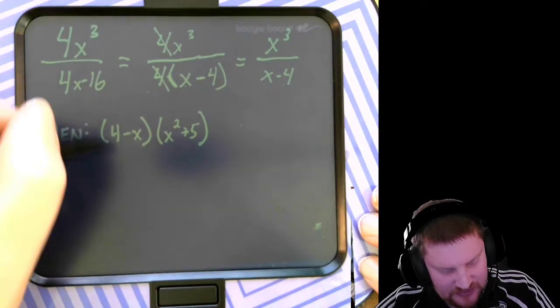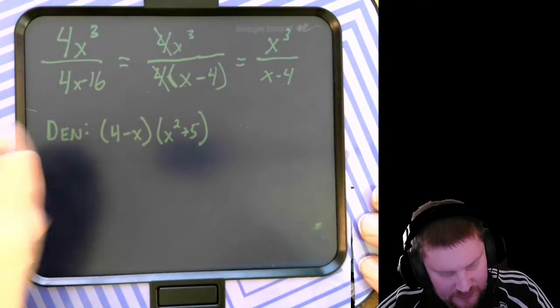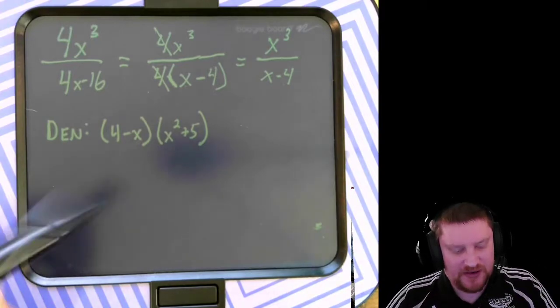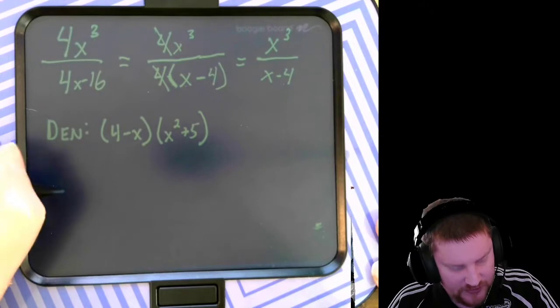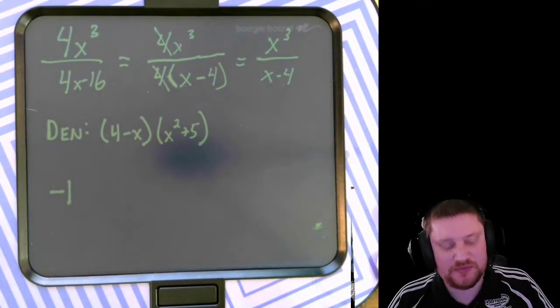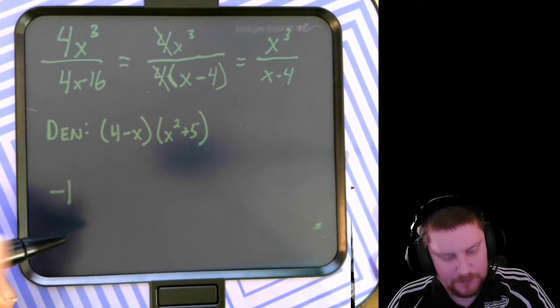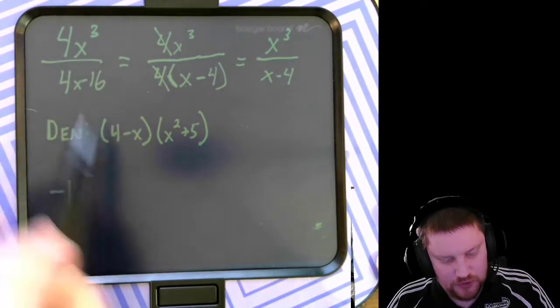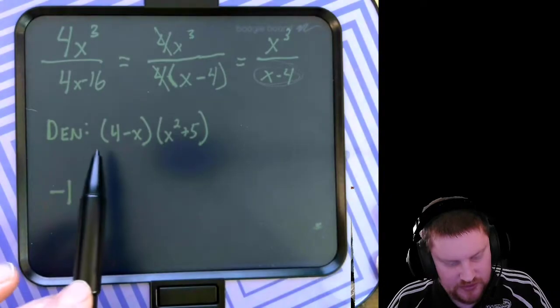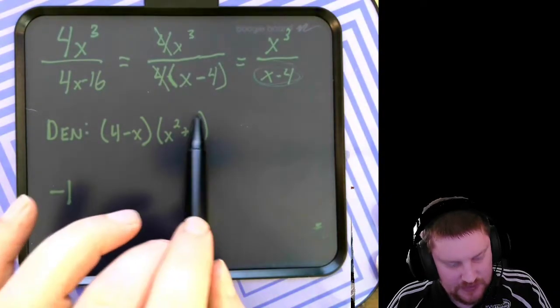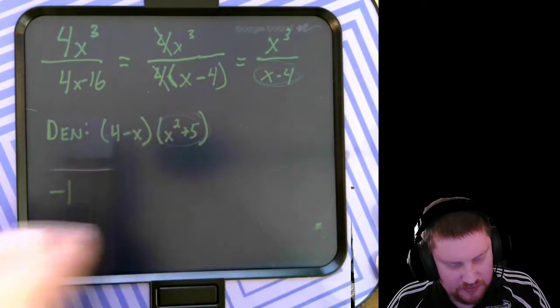So if I multiply either one of those by negative 1, I'm going to get what I need. So negative 1 is one of the items I need to multiply by. The other thing I need to multiply by that my current denominator, which is x minus 4, is missing is x squared plus 5.